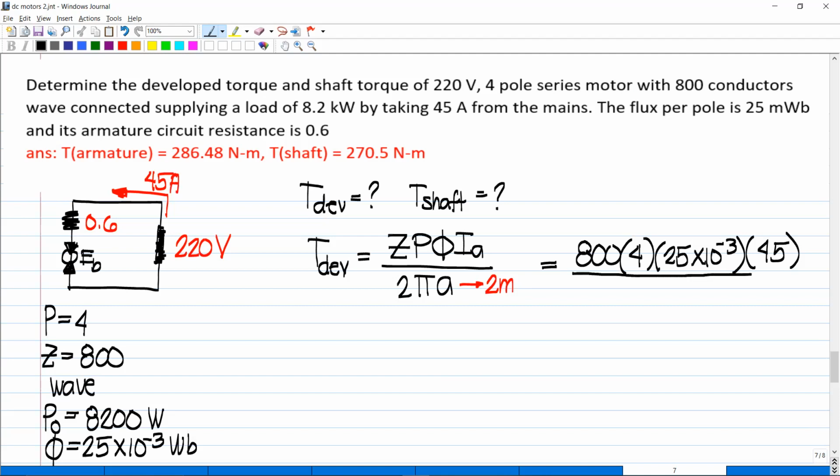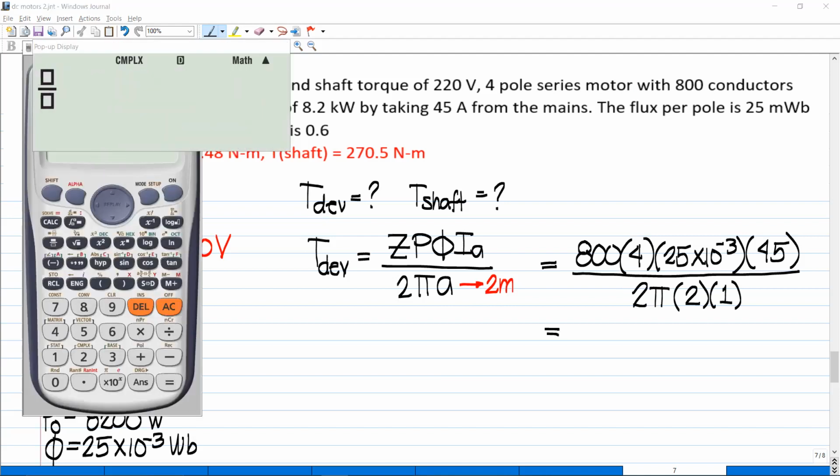So kung ano yung source current, armature current na din. So times over 2 pi. And then yung parallel paths natin ay 2 times the multiplier 1. So wala naman ding binanggit, di ba? Kung simplex, duplex, or triplex. So 800 times 4 times 25 milli times 45 over 2 times pi times 2.